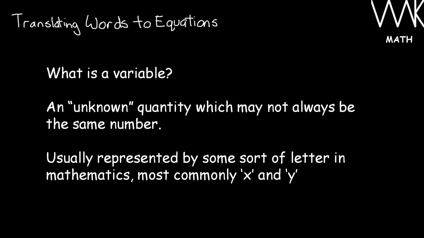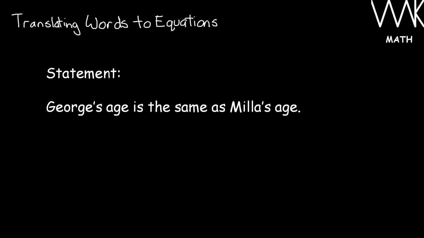Now let's start taking a look at mathematical statements. We have this statement here. George's age is the same as Mila's age. What are the variables in this statement? In this case, there are actually two variables. There's George's age and Mila's age. One person might ask, but they're both ages. Aren't they the same?